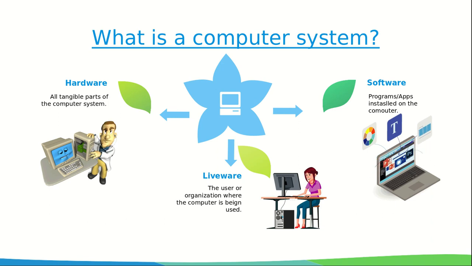Hardware refers to all tangible parts of the computer system, meaning that any part of the computer system that you can physically touch or feel is regarded as hardware. So anything that you can touch and feel that is part of a computer system is actually hardware. On the other hand, software refers to programs or apps or applications installed on the computer.